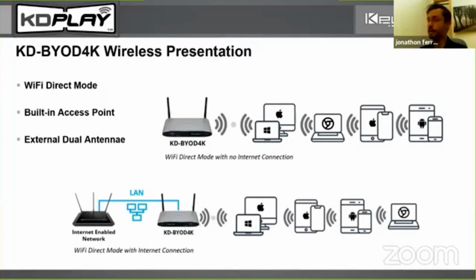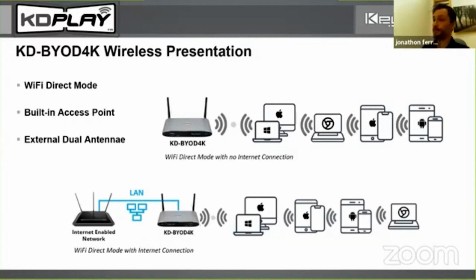BYOD 4K has 2 different network modes. There is Wi-Fi direct mode. This is out of the box, the default setting, where BYOD 4K will be its own wireless access point. And this enables you to get this unit installed in 5 minutes. All you got to do is connect your HDMI to the monitor or projector and join the Wi-Fi network of the BYOD 4K, and you'll be able to begin casting.